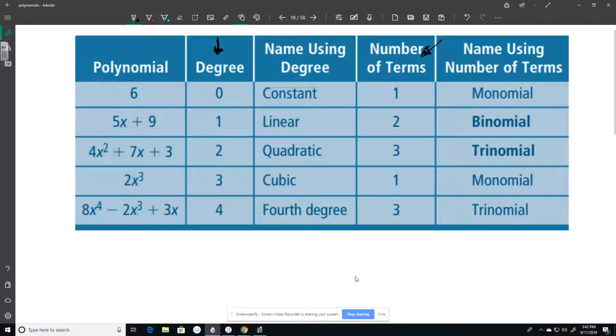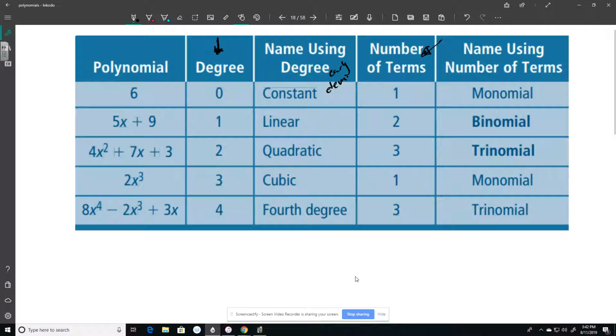Constants, this kind of stuff, just numbers, no letters, no variables, have 0 degrees. We call those constants. This was kind of like elementary school, at least early elementary school. And you only were learning one number at a time, right? You were learning 6 and 7 and 82 and 146. When there's only one term, we call it a monomial. So this is a constant monomial.